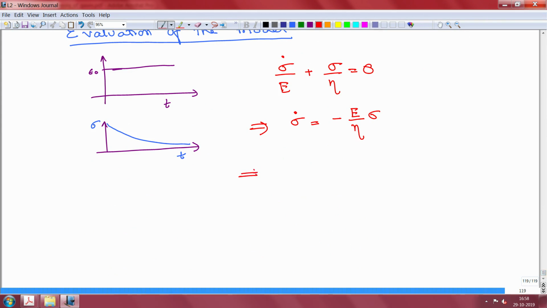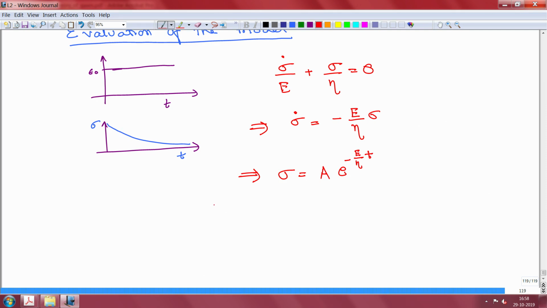This is only possible when your sigma has an exponential behavior. So, from elementary ordinary differential equations, we can write that sigma is some constant times e to the power minus E by eta times t.